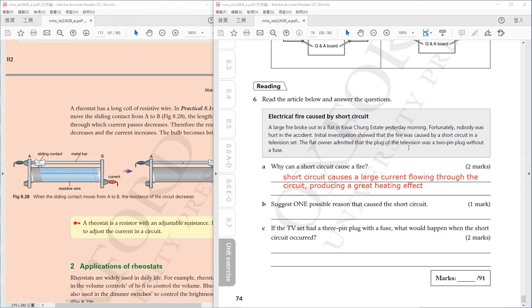One possible reason from the paragraph is that the wire is loose and worn out.